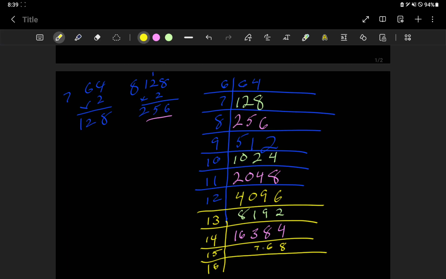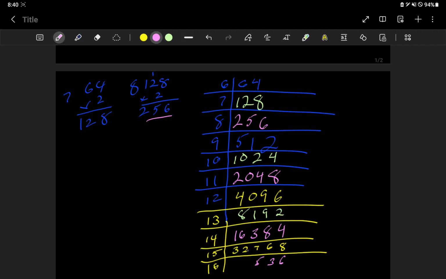Yes, I know you're all laughing. 2 times 6 is 12, carry 1. 2 times 1 is 2, plus 1 is 3. And so that's 32,768. 2 times 8 is 16, carry 1. 2 times 6 is 12, plus 1 is 13. I chose the wrong color. Oops. So carry 1. 2 times 7 is 14, and 1 is 15.